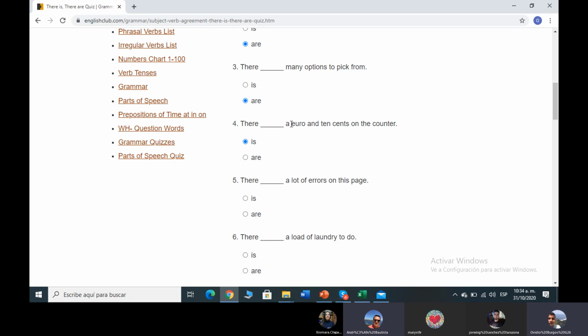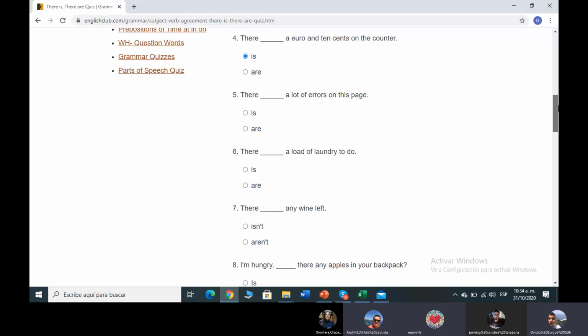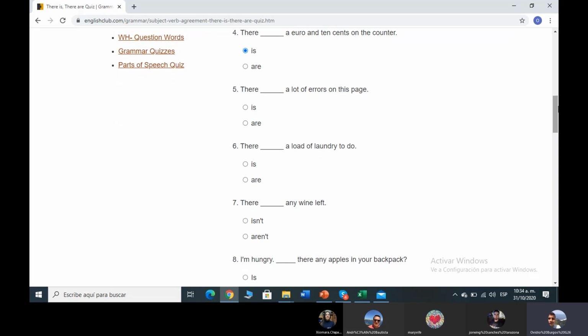Because remember, a is used when the next word starts with a consonant, and you have to add n when the next word starts with a vowel, okay? Sí, señor, muy bien. Very good, congratulations, Jorwin. This is the best way to learn, okay?